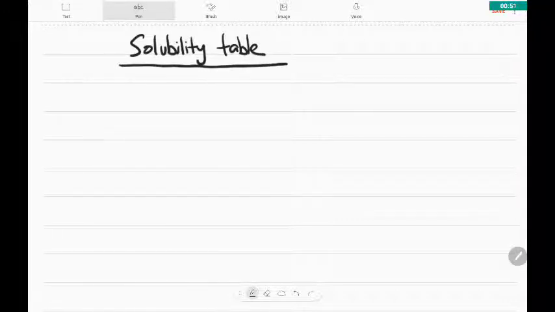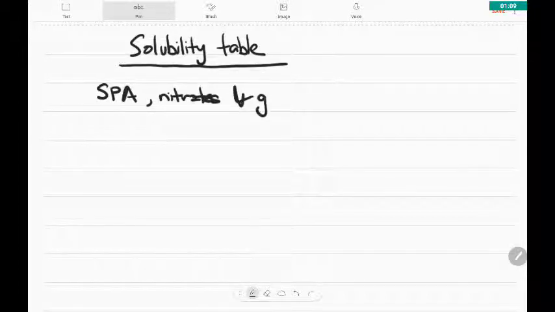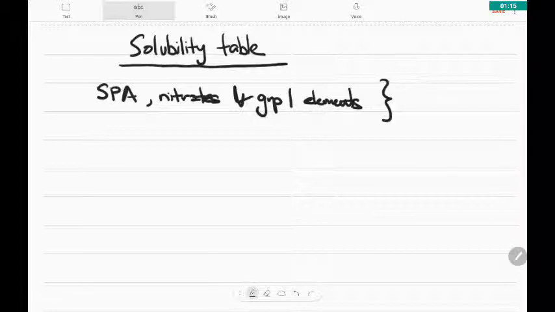Okay, so this is something that you would have to memorize, but I usually memorize it in such a manner which I feel would make it a little bit easier. So first of all, SPA salts, nitrates, and your group 1 elements, they are all soluble.